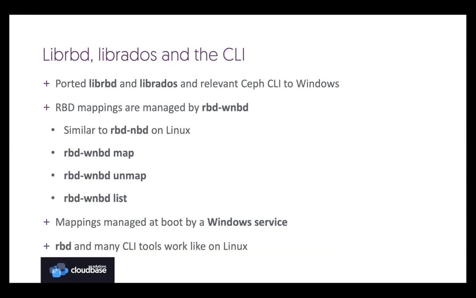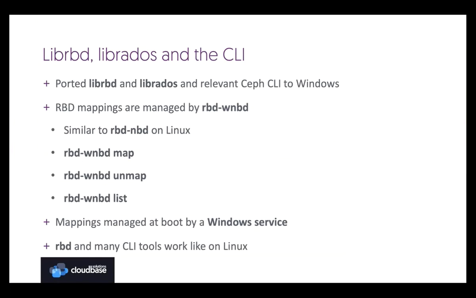Mappings are managed afterwards by a Windows service, meaning that if you reboot the host, you will find your mappings in the same identical place. From a user perspective and from an operating system perspective, the RBD images will just look like regular Windows disks, like you would expect via iSCSI or anything similar.